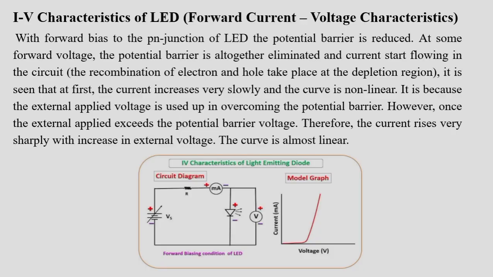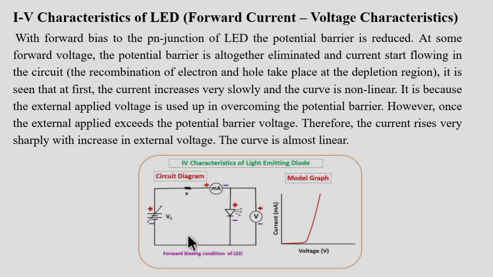Another important point: you already know the working principle of the PN junction. Suppose we make a junction with P type and N type, there will be a contact potential. If we apply forward bias voltage, it reduces the potential, and the barrier is reduced.